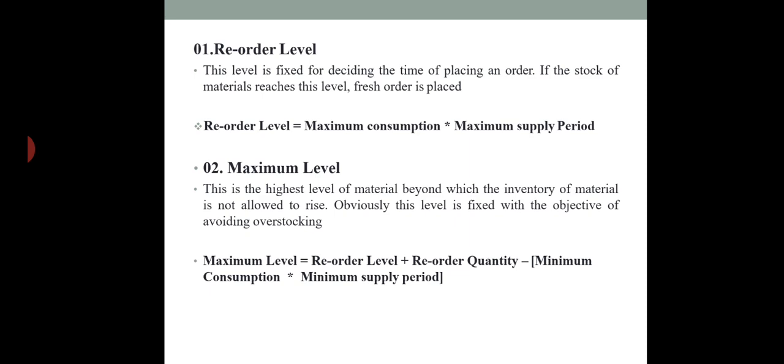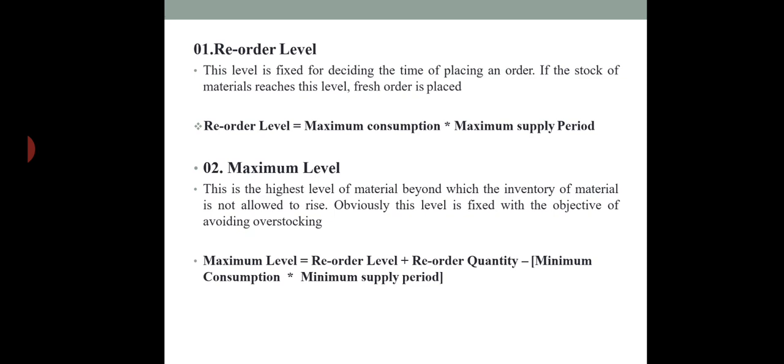A reorder point is usually higher than the safety stock number, to factor in the lead time. So the reorder level decides the time of placing an order. The formula for reorder level is maximum consumption into maximum reorder period. Normally it may be in weeks or months.